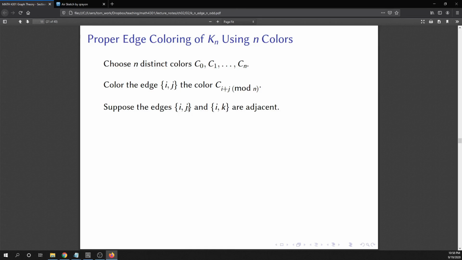And remember these are unordered pairs. It doesn't matter the order that I write the i and the j in, or the k and the i in. So they have some vertex in common. One of the endpoints is the same.